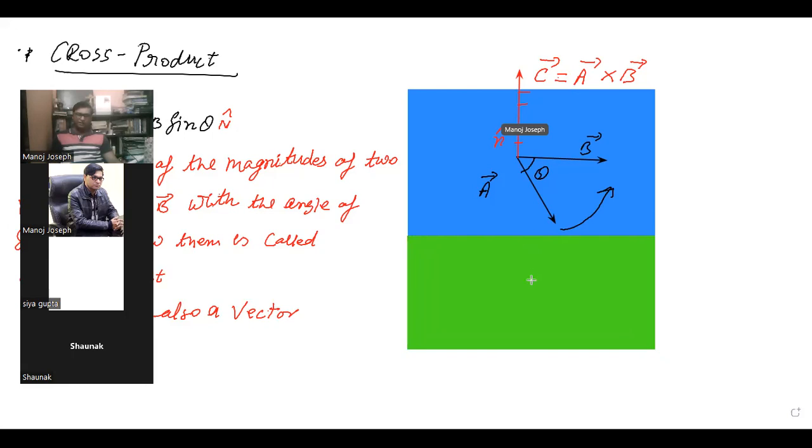Vector A this side and vector B. We interchange the positions of the vectors. When B is rotated towards A, the third vector comes into the plane.